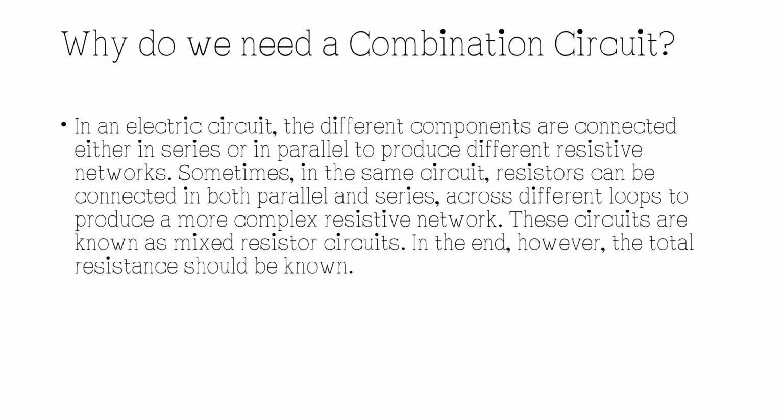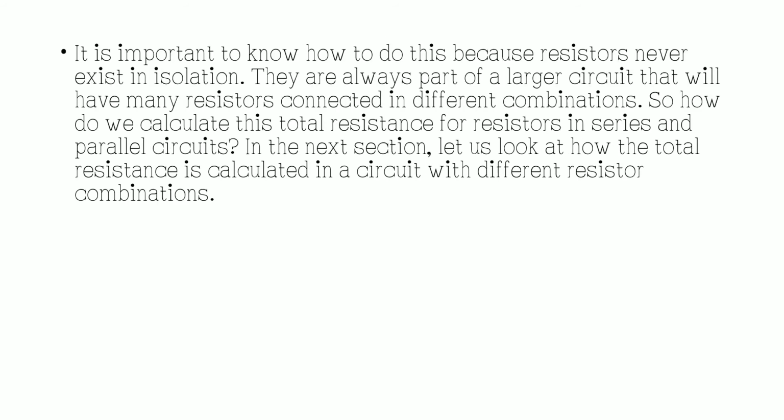These circuits are known as mixed circuits, in which we have a combination of both parallel and series. It is important to know how to do this because a resistor never exists in isolation. They are always part of a larger circuit that will have many resistors connected in different combinations. So, how do we calculate the total resistance for resistors in series and parallel circuits? In the next section, we will look.